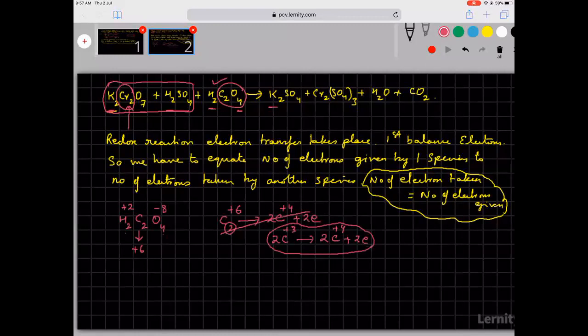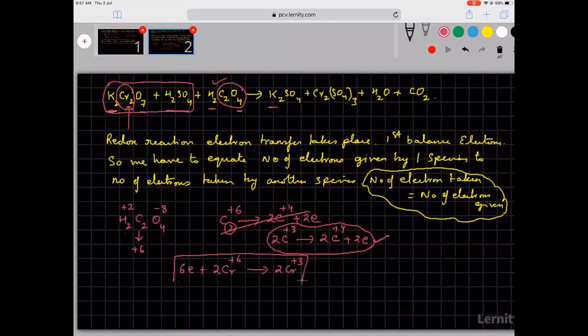Now let's look at the species that has taken. We have 2 chromiums, each in the +6 state. Each chromium has become +3, so 2 chromiums in the +3 state. How can this happen? This can happen because chromium has taken 6 electrons. So the one that has given only 2, but the one that has taken 6.